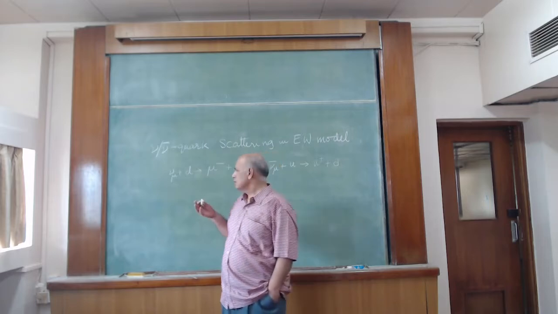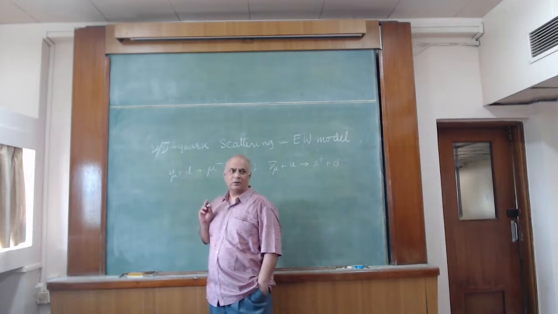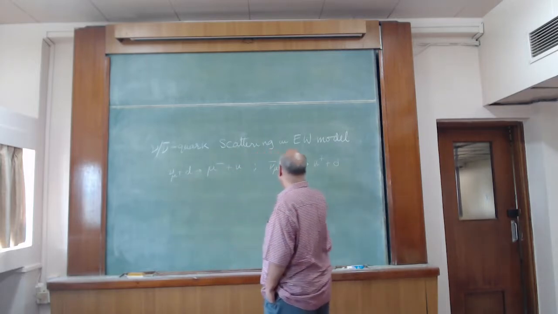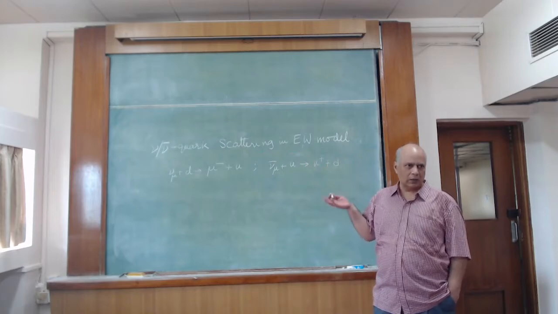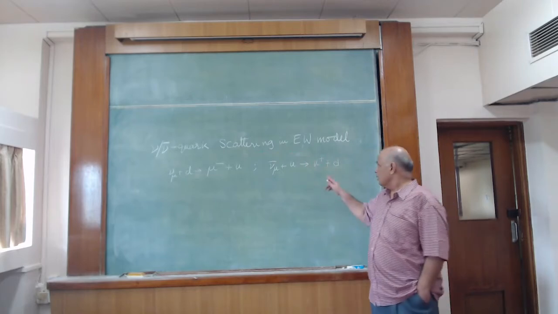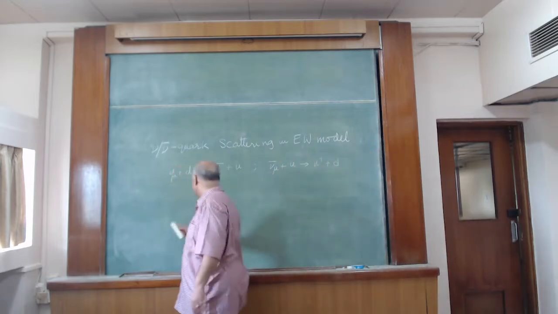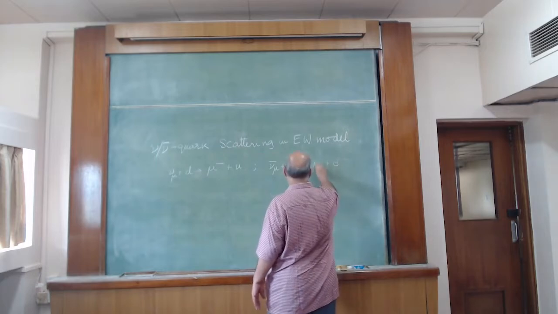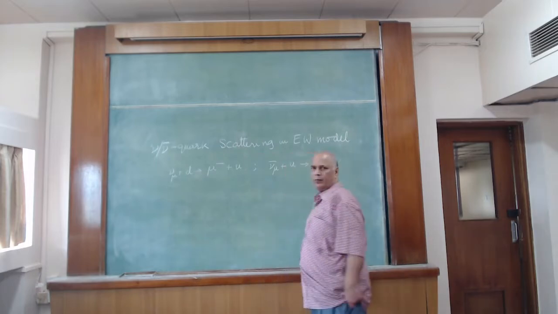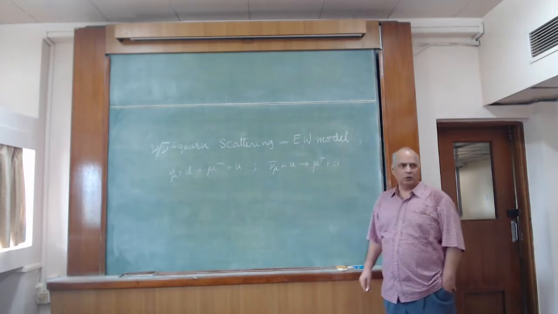So by charge conservation, it can only interact with a d quark. And similarly, mu antineutrino in its charged current interaction can only produce a mu plus, which means it can interact only with a u quark.